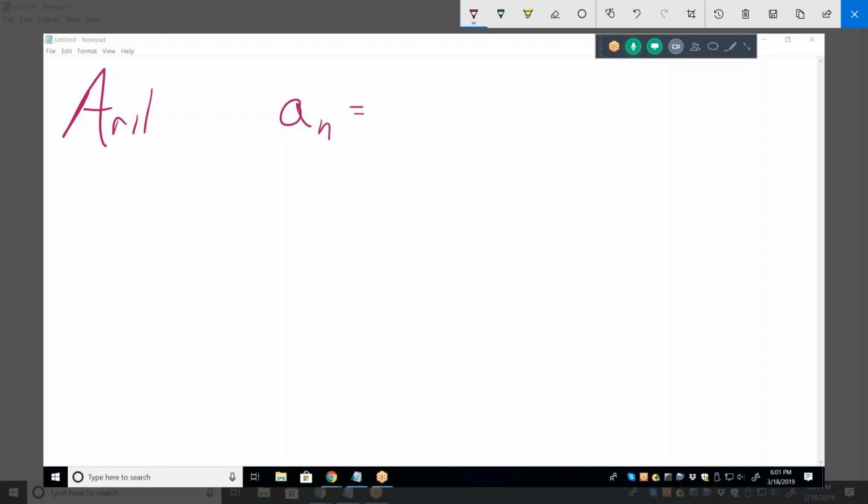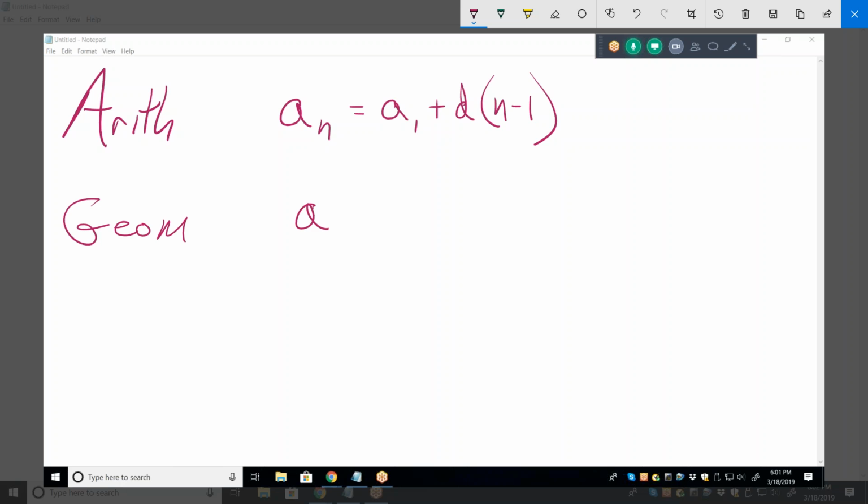Oh, right. A sub n equals A sub 1 plus n minus 1 times the common difference. Right. Okay. Now, as long as we're talking about it, let's put the geometric up there also. All right.